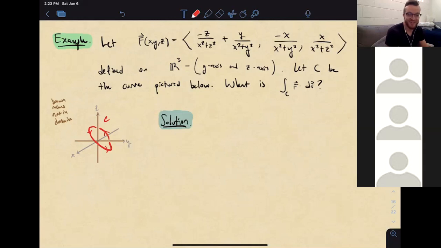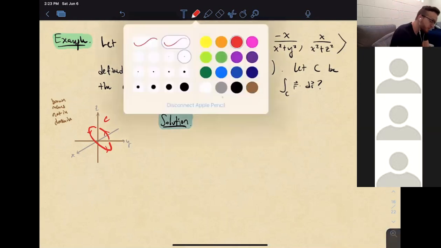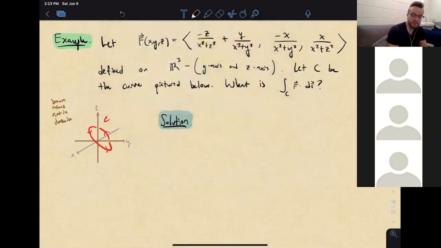Okay, so, oh, I like Katie's idea. We could think about, is it conservative? Because if it is, it's a closed curve, it would be 0. But the vector field should feel familiar, or it should have some pieces that feel familiar. And I think this is what Katie's getting at. And yeah, it feels vortexy, right? And I do really like the idea of splitting this up into 2, because this might make things easier to deal with.